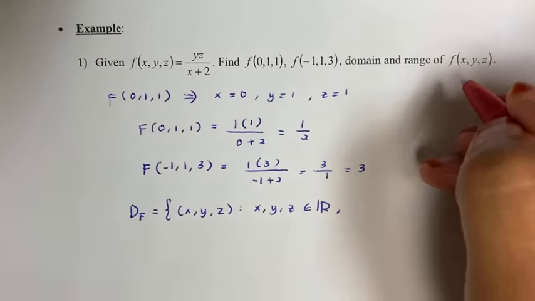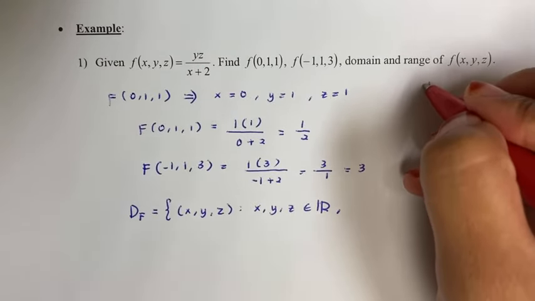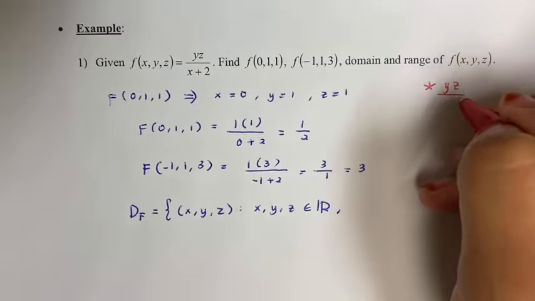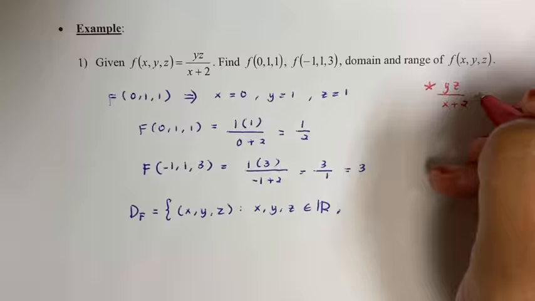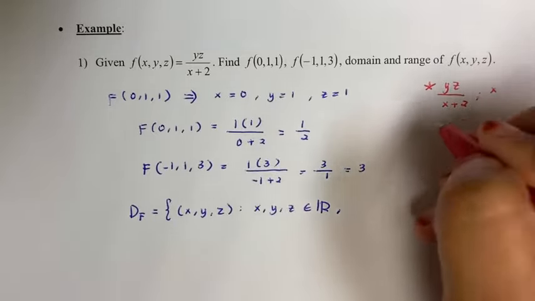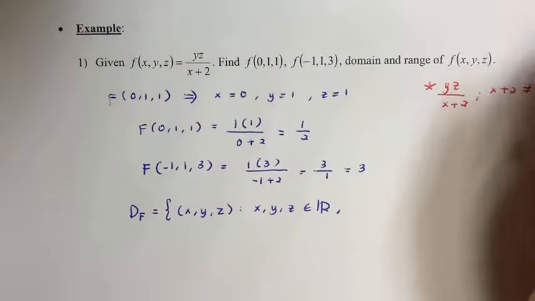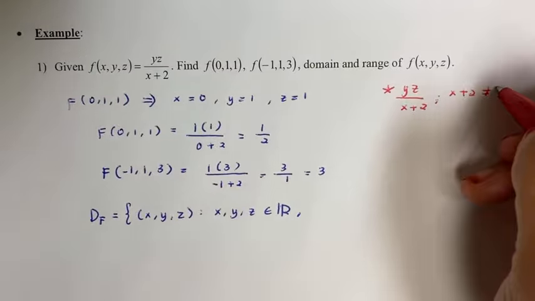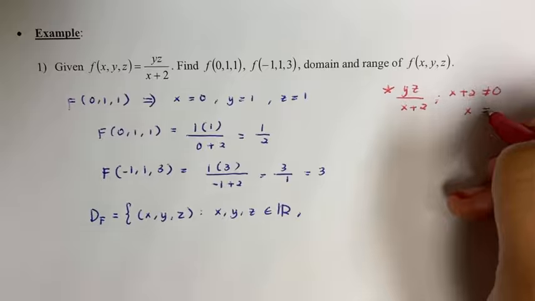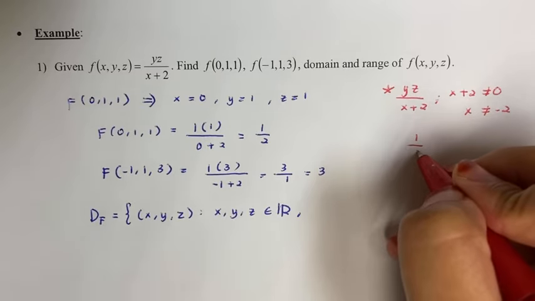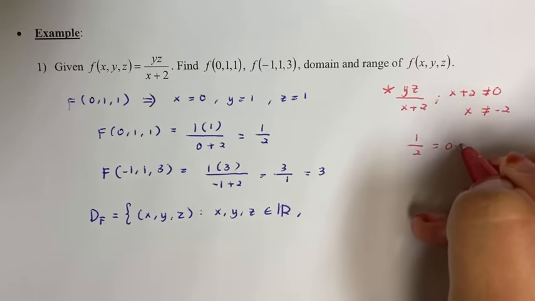For a fraction to be defined, y z over x plus 2, basically the denominator x plus 2 shouldn't be equal to 0. Never. Means that x cannot be equal to minus 2. Why? Because if you have 1 over 2, this is equal to 0.5.